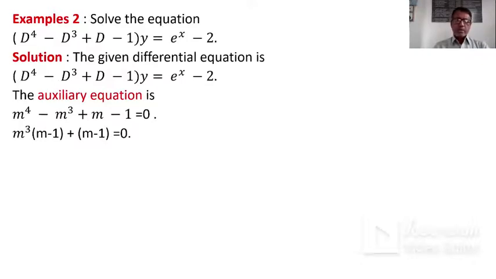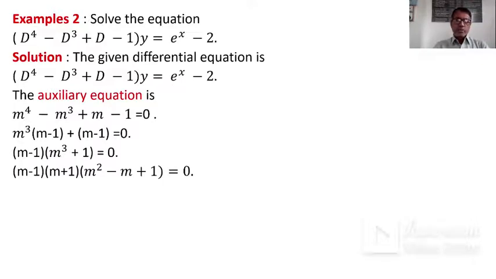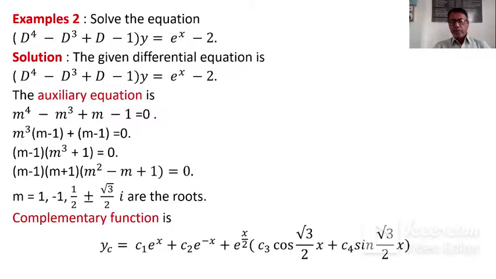Now we want to factorize this. After factorizing, we get the factors m minus 1, m plus 1, m square minus m plus 1 is equal to 0. The last factor is the quadratic irreducible factor, and we know how to factorize this. We know the formula for that: minus b plus or minus under root of b square minus 4ac upon 2a. You may write in that way, or you may rearrange this term as I have explained.